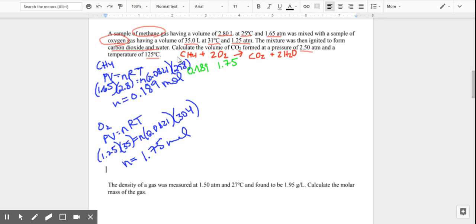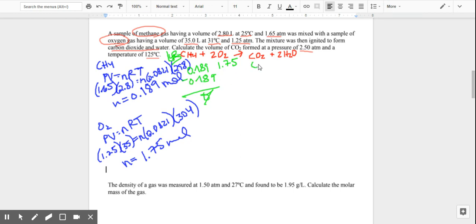So I would say this divided by 1 is 0.189, and 1.75 divided by 2 is like 0.8 something. So if I compare those two numbers, that still tells me that CH4 here is my limiting reactant. And what that means is that I am going to use all of my limiting reactant. So minus 0.189, so I have 0 left over.